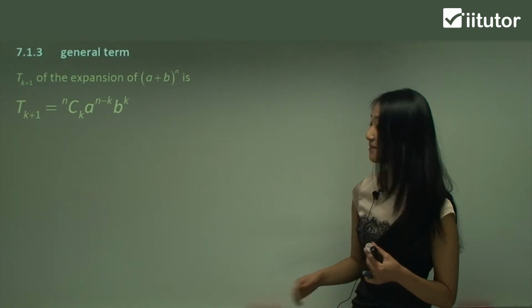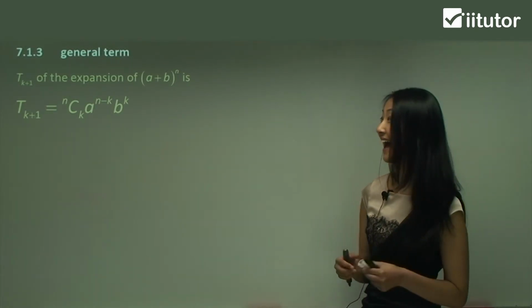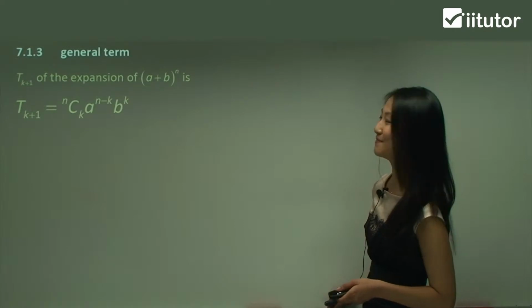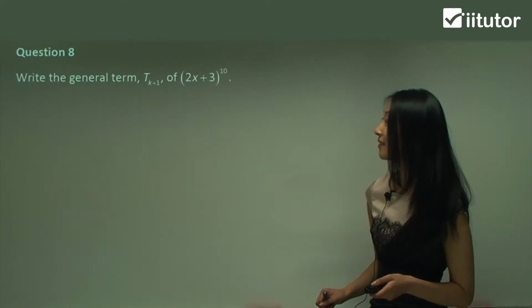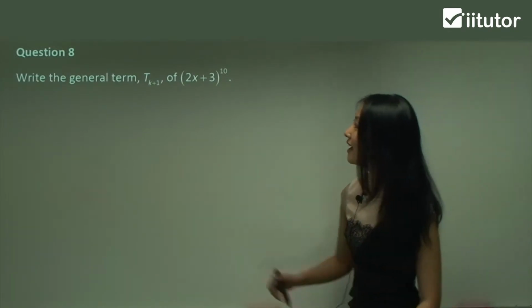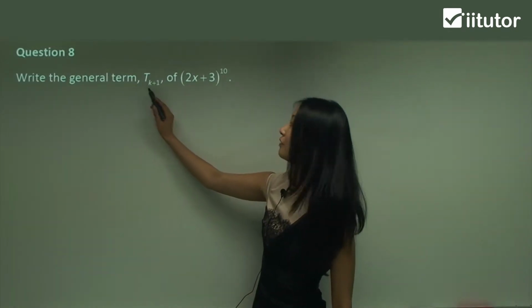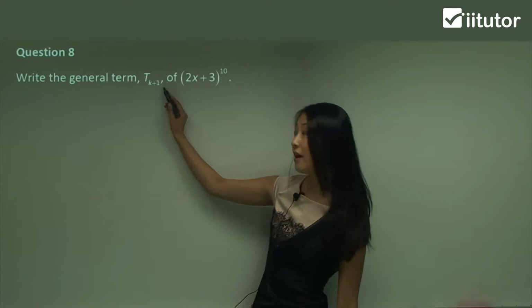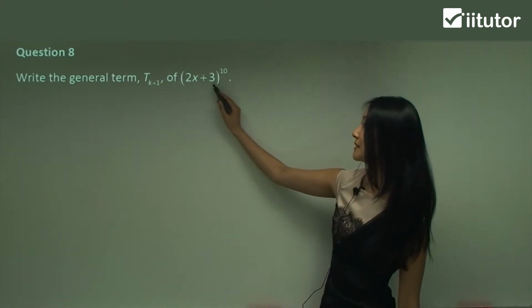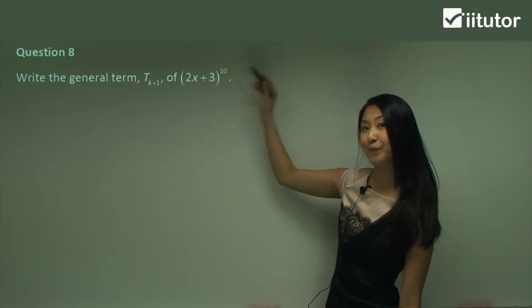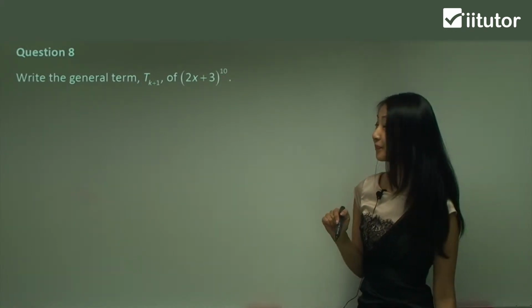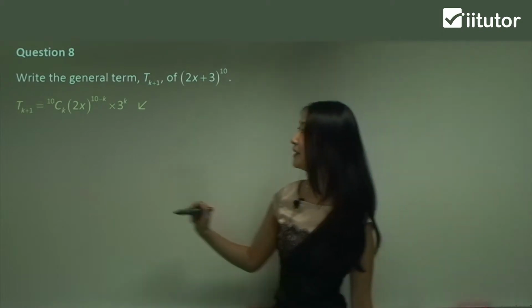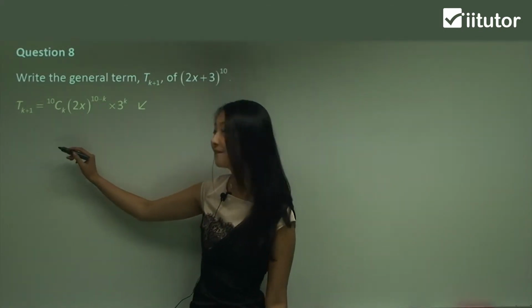So let's go through some questions now where I want you to work out how we write the general term for specific expansions. Starting off with question 8, I want you to try writing the general term T_{k+1} of (2x + 3) to the power of 10. Remember, the general term is always T_{k+1}.